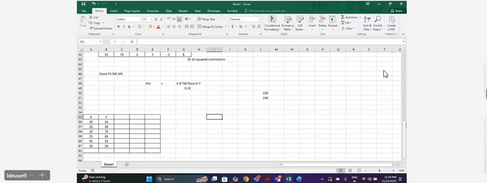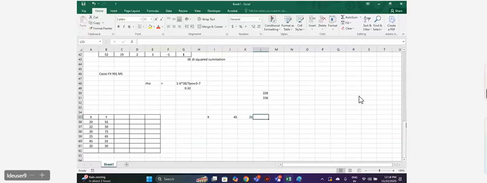Now let me put it for x. Which is the highest value in x? 45. Done. Which is the next highest? 25.